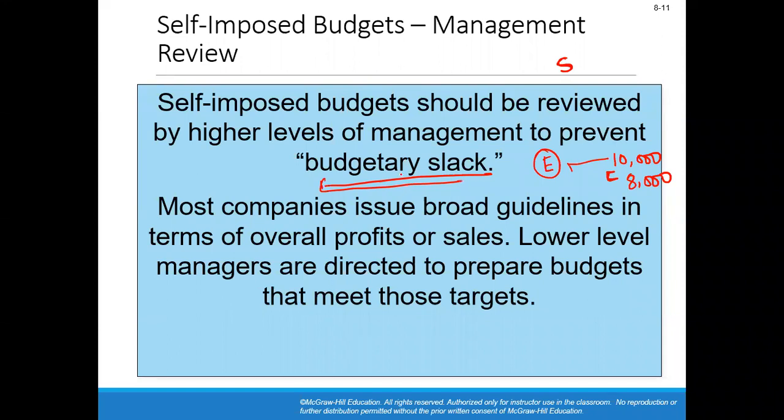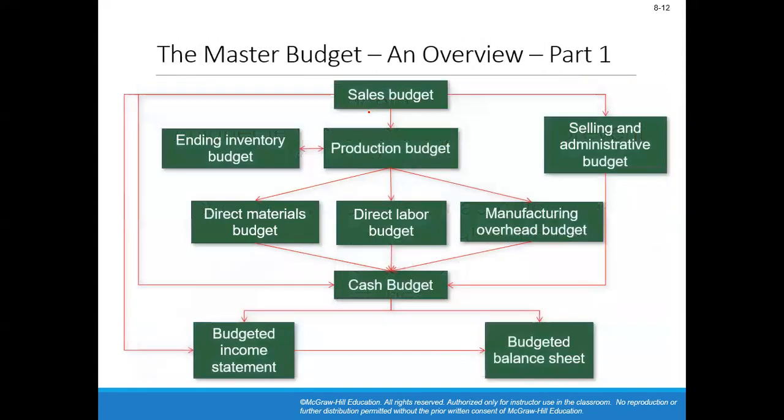So the budget which is prepared in a participative way or self-imposed way needs to be reviewed by the higher level management or top level management to avoid the budgetary slack. So to check this issue, okay. These issues can be avoided if the self-imposed budget is reviewed by the top management, okay.